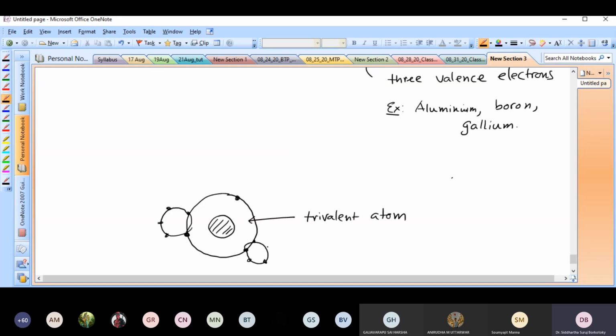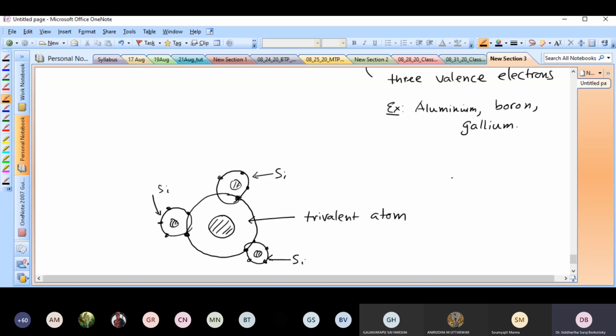And then there will be another silicon over here. The trivalent atom has nothing to share. So these are all silicon, and this is some trivalent atom.